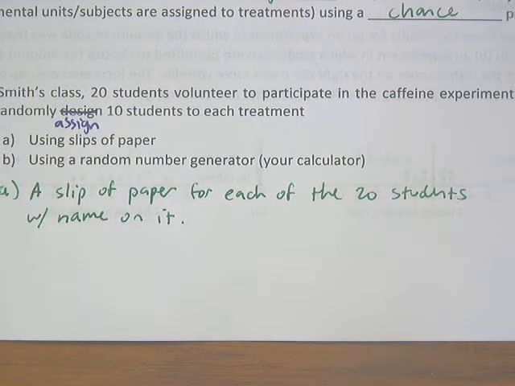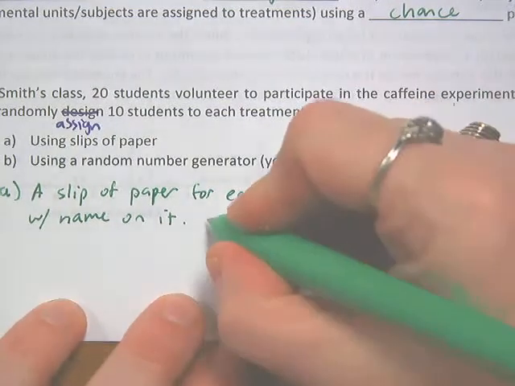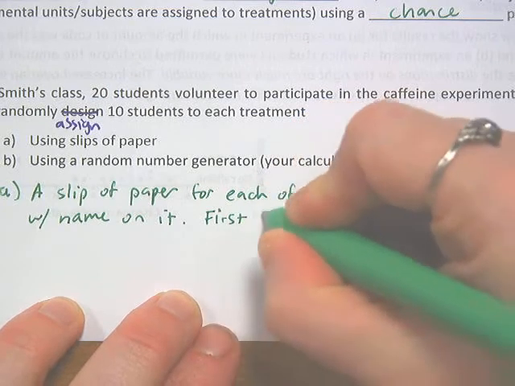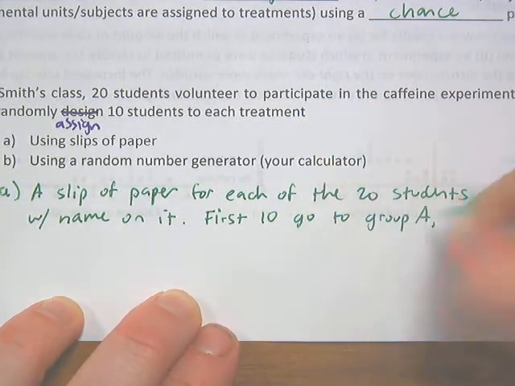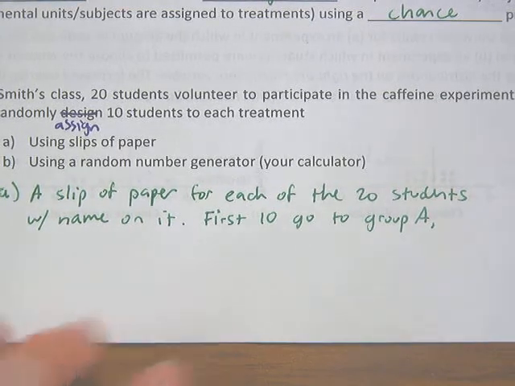Obviously, you shuffle all those together, and then you could pull the first 10 names would go in group A. The other 10 go to group B.